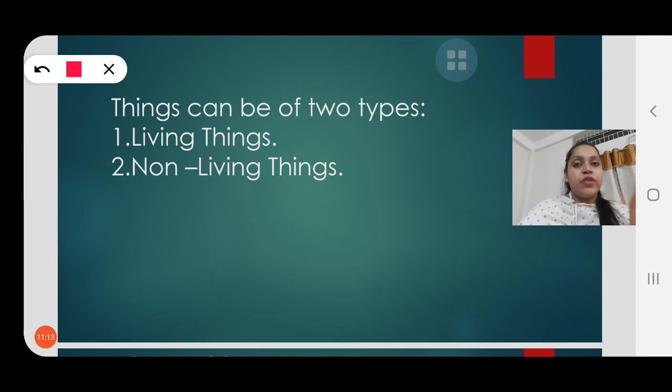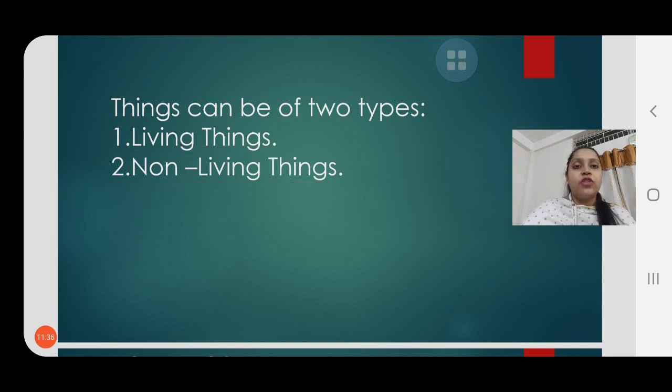Now what are these living things and non-living things? Children, we will study what these two types of things are and how they are different from each other on the next page.